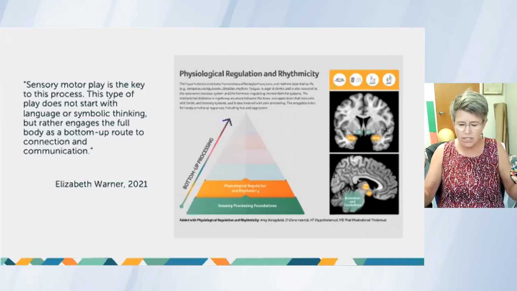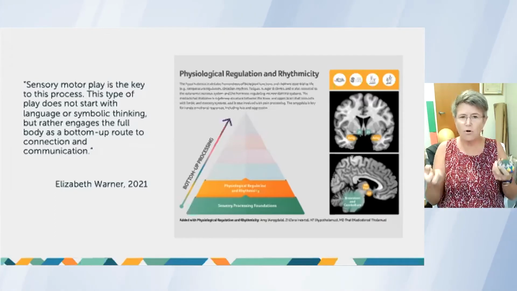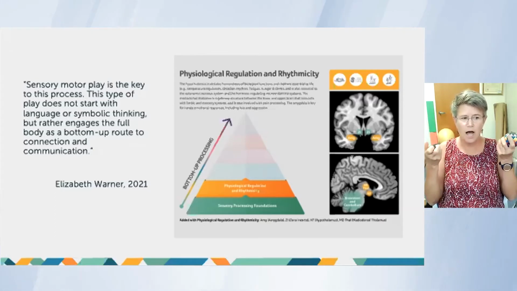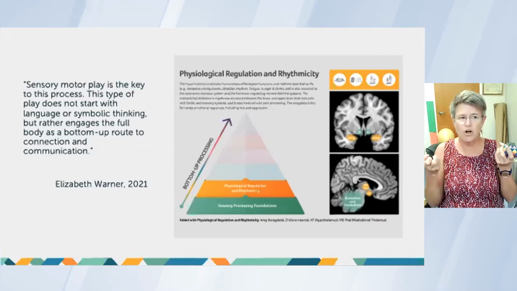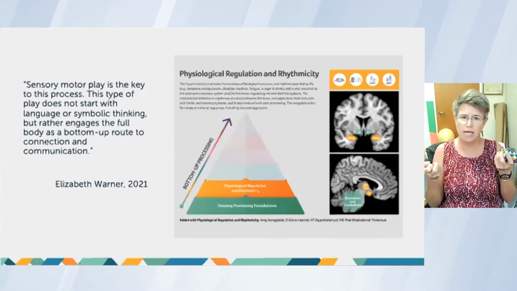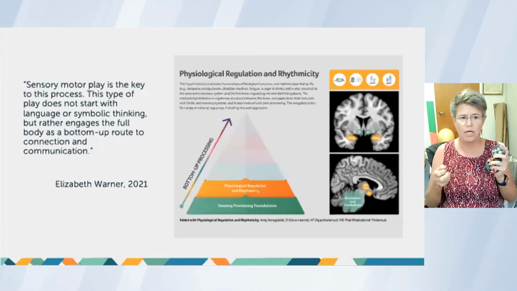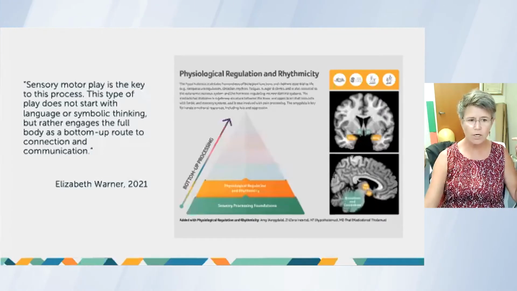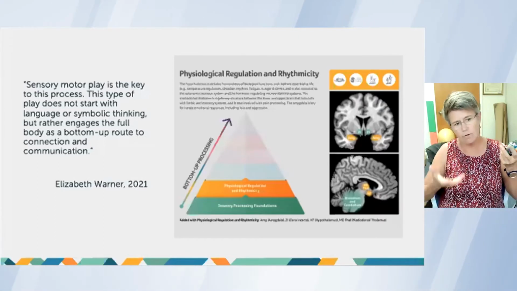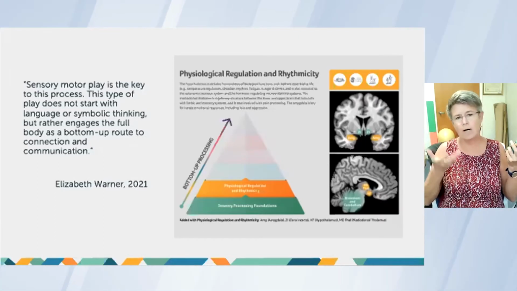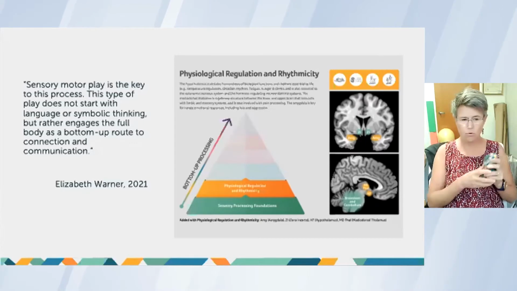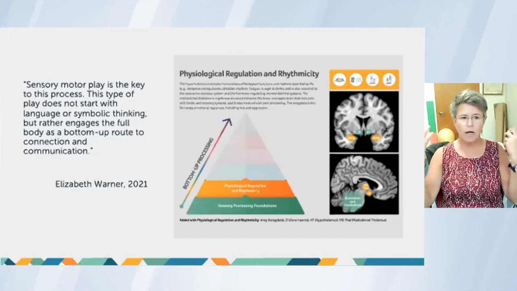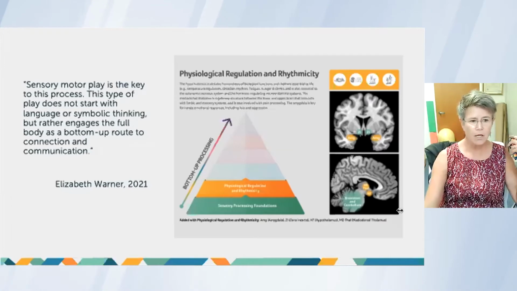It actually started to engage the full body and bottom up parts of our nervous system for connection and communication that are nonverbal. And for many of you and all of us who work with trauma, we know that verbal interventions sometimes need a complement or need a bottom-up intervention to support engagement of the whole brain.